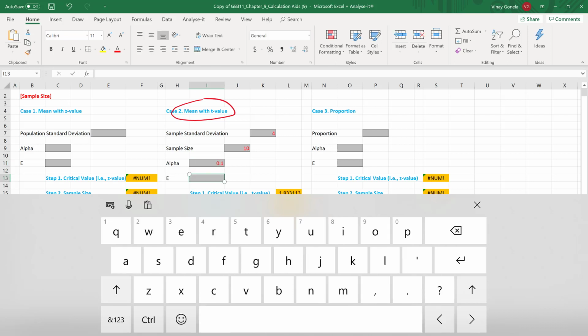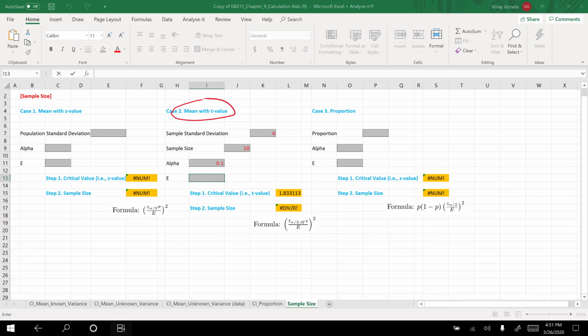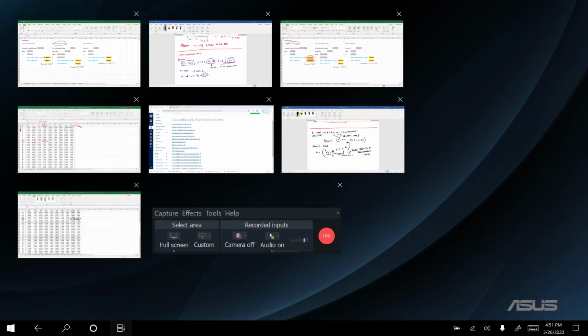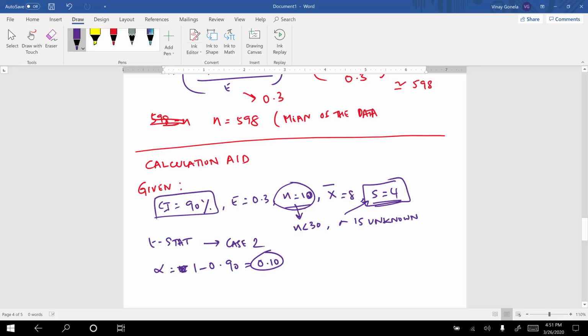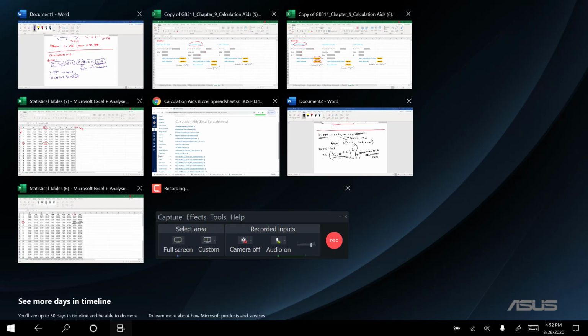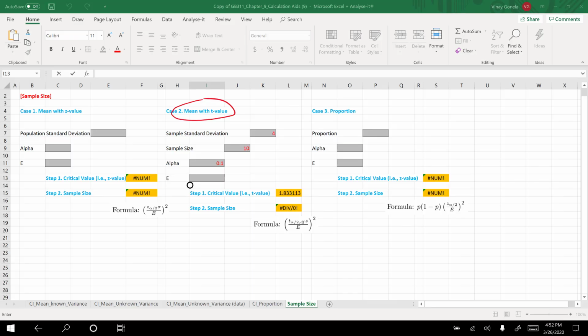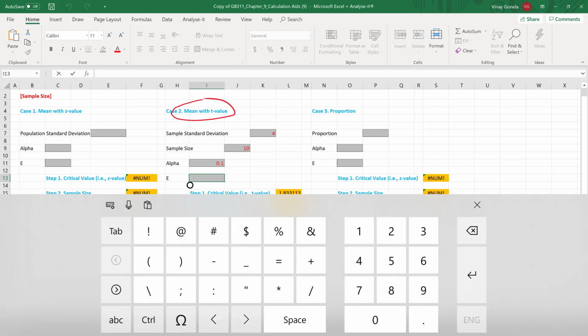and the margin of error, I need to check what is our margin of error. Margin of error is 0.3. So I will go to this sheet and then type margin of error 0.3 and hit enter.